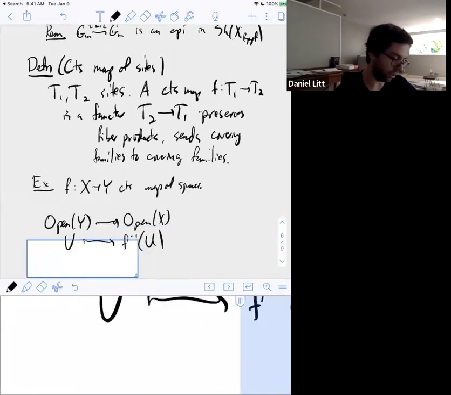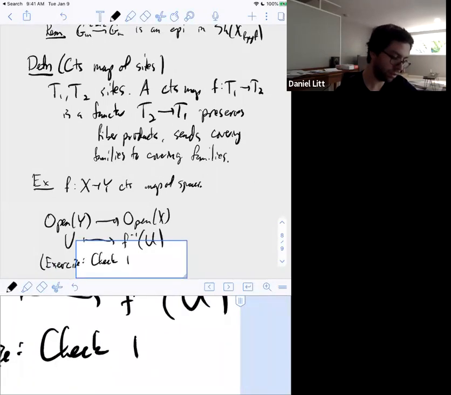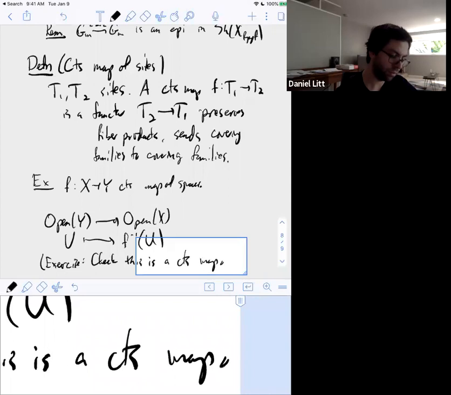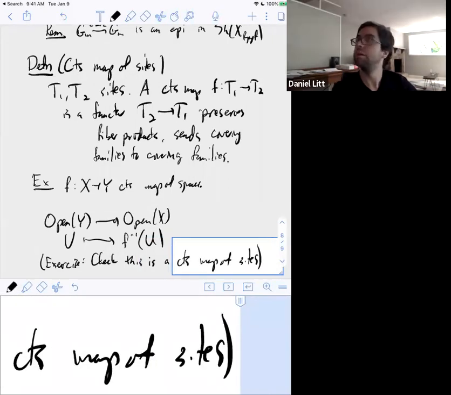And then the exercise is to check that this is a continuous map of sites. Great. Okay, so we're out of time. So next time I'll give you a bunch of examples, and then we'll talk about deciding.